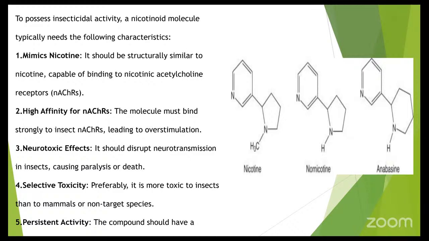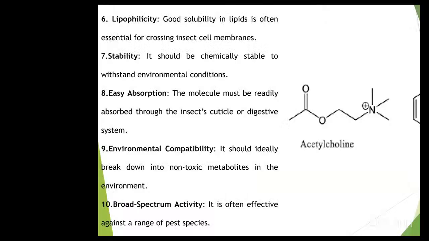It has high affinity for nicotinic acetylcholine receptors. The molecule must bind strongly in insects, leading to overstimulation, and it should disturb the neurotransmission in insects, causing paralysis or death. Preferably, it is more toxic to insects than to mammals or non-target species. And the compound should have a prolonged stay so that it can show its toxic effects.